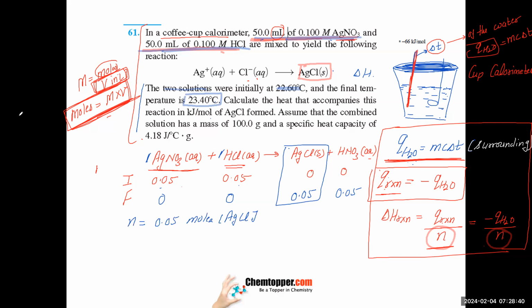So do you know delta T, children? Delta T for water, because this 50 ml means 50 ml of water. What is delta T? T final minus T initial, which is 23.40 minus 22.60.